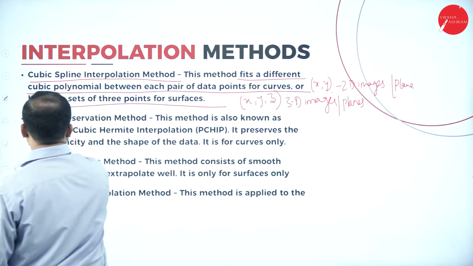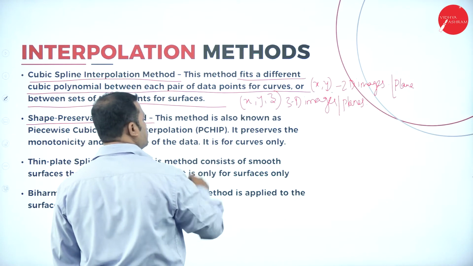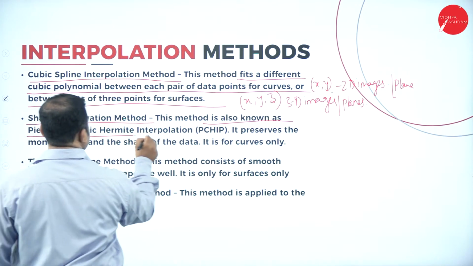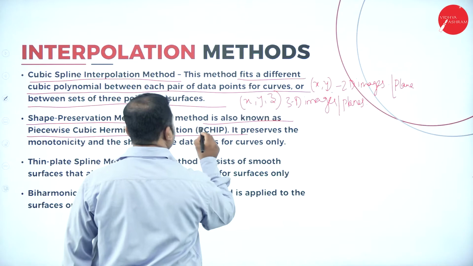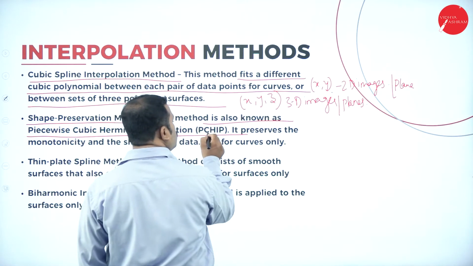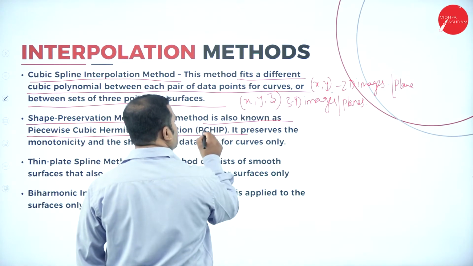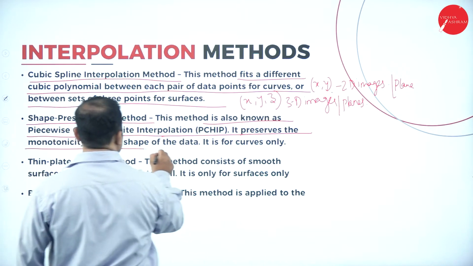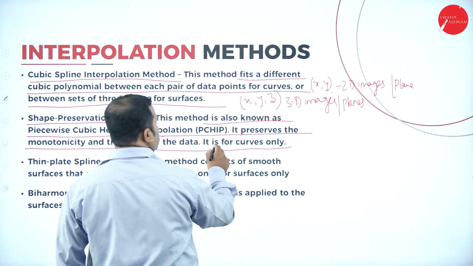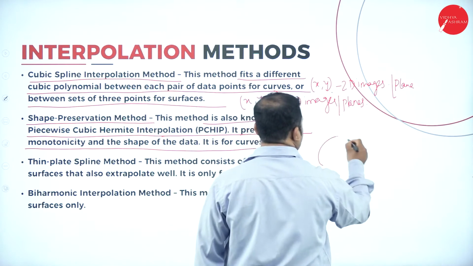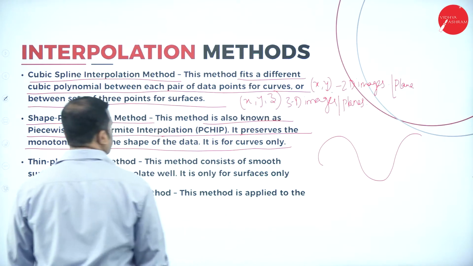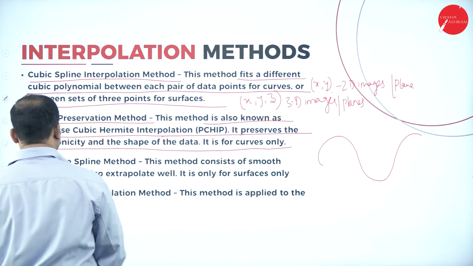Now, the shape preserving method. What is the meaning of the shape preserving method? This method is also known as piecewise cubic Hermite interpolation, in short PCHIP. It preserves the monotonicity and the shape of the data. It is for curves only. For any curve-like operations, this shape preserving method is used.